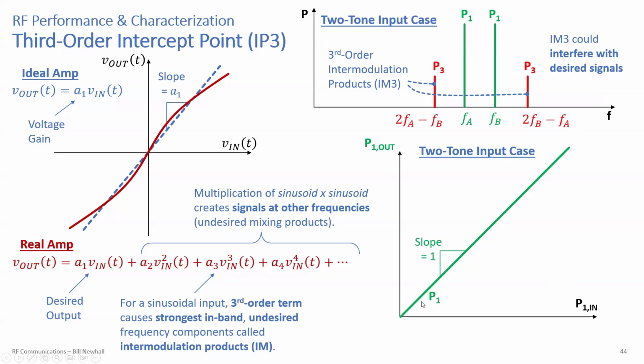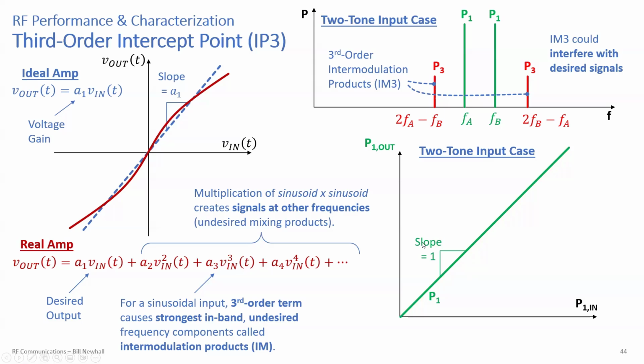We talked about this. This is just the gain of an amplifier. P out is some number times P in. It gives you a slope like this, and actually, it'll be one-to-one. So if this is in dB, as you increase the input by 1 dB, you'll increase the output by 1 dB.